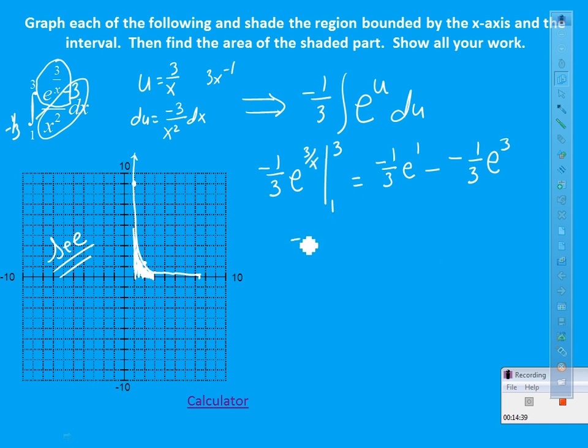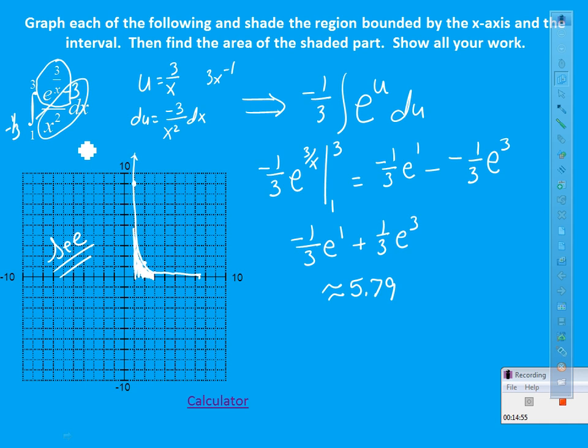Well, this simplifies to be negative 1/3 e to the first plus 1/3 e cubed. If you run that through your calculator, you're going to get approximately 5.79.